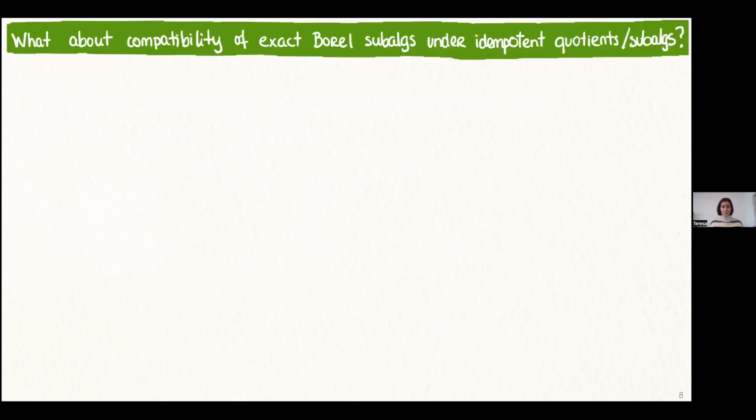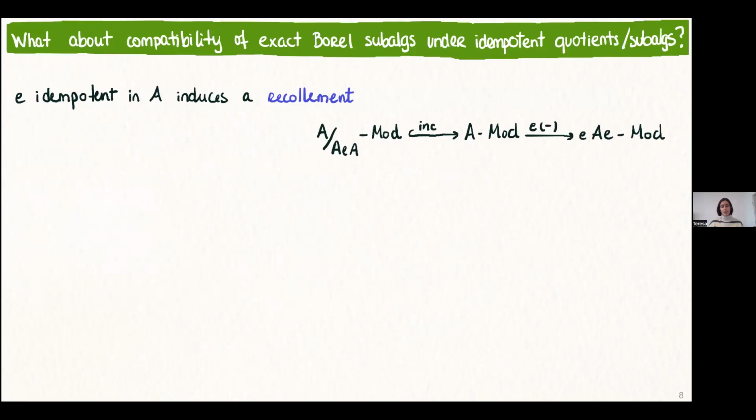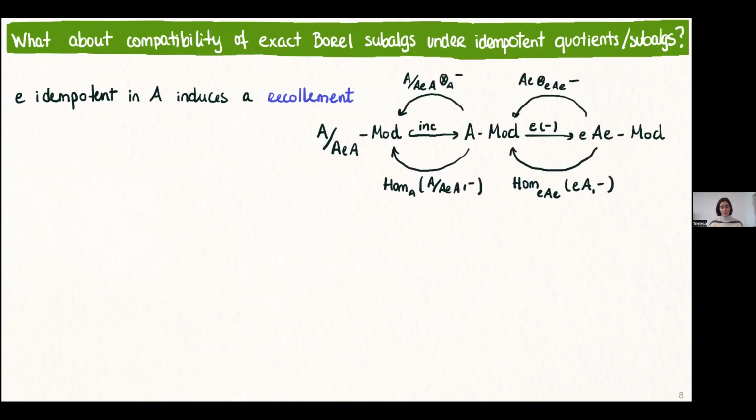And to finish, I would like to address the question of compatibility of exact Borel subalgebras with idempotent quotients and idempotent subalgebras. So classically, if we pick an idempotent E in A, it induces a recollement like this one over here.